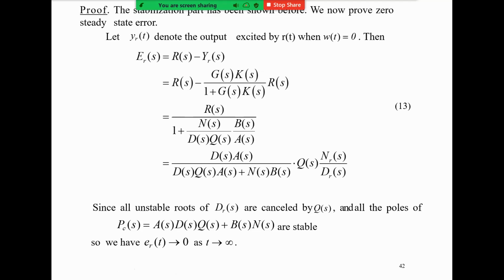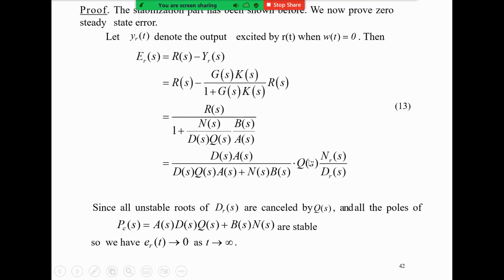Now you can see the purpose of this Q. Because all those unstable factors actually will be a part of Q. That's how we compute this Q, the least common denominator of the unstable factors of the reference signal and the disturbance.